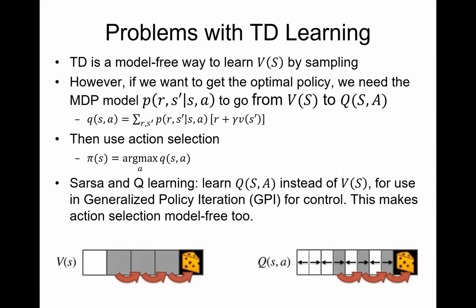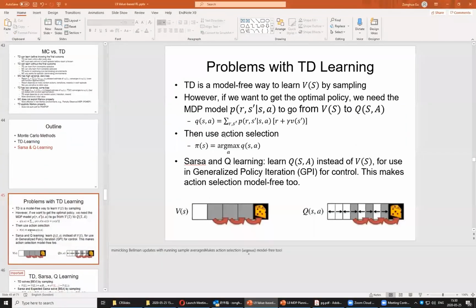But if you want to get the optimal policy, we need the MDP model to go from a value function to the action value function Q. The formula is this: sum over all the next states S prime and rewards to get the Q from the V. Then you can use greedy action selection to get the optimal policy pi.